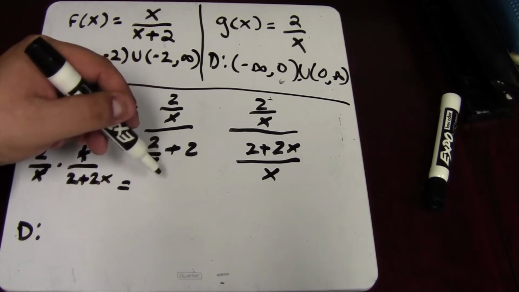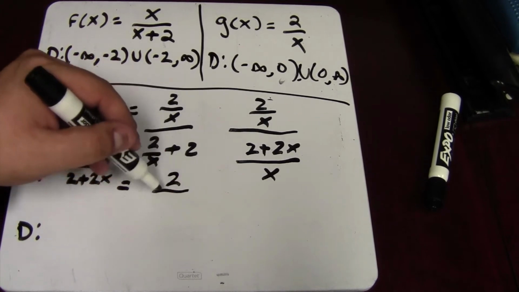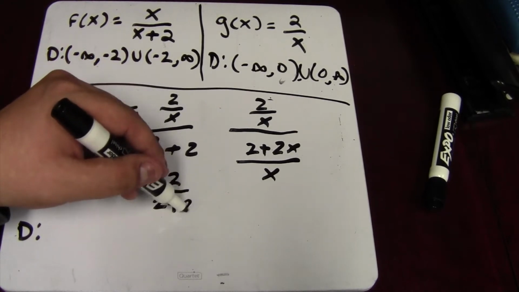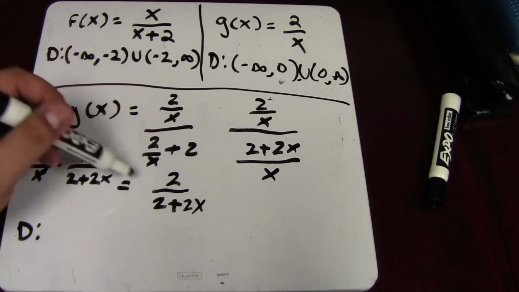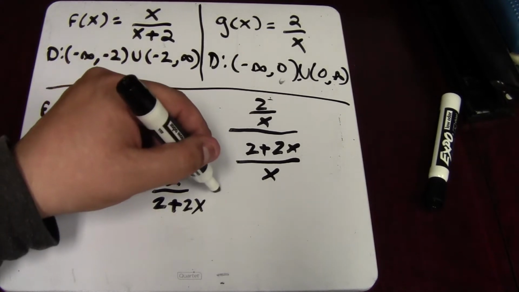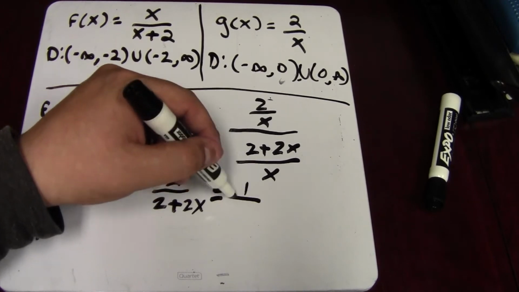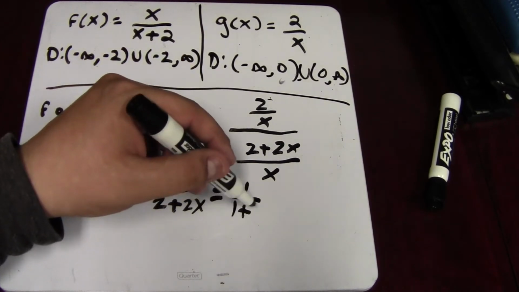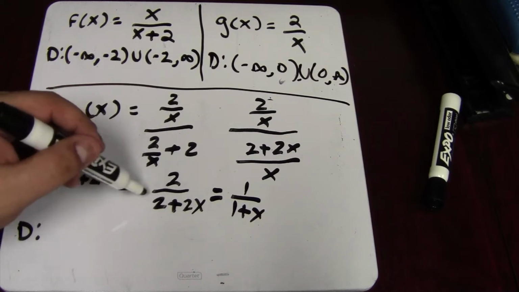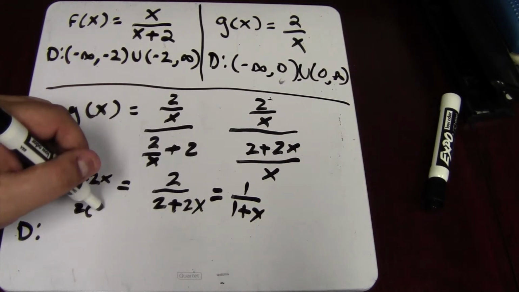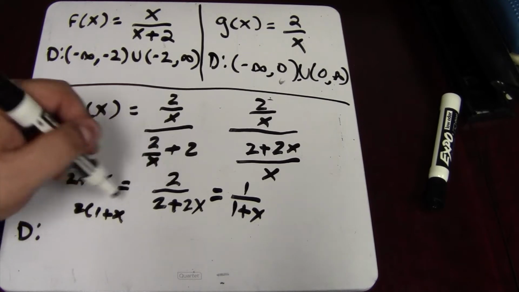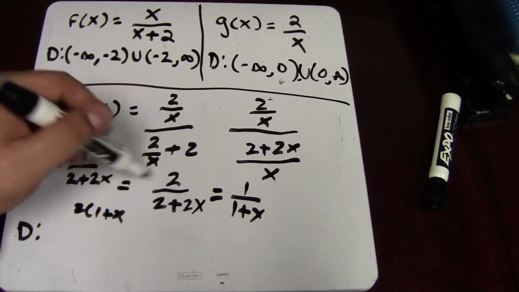And so we're left with 2 over 2 plus 2x. And we can factor this out a little bit, where we'll be left with 1 over 1 plus x. By factoring this 2 out, right? By factoring this 2 out, we would have 1 plus x, and then these 2's can divide out, and that's where I got this.